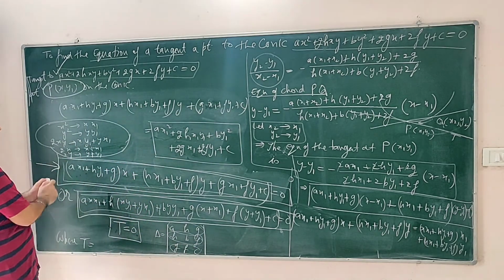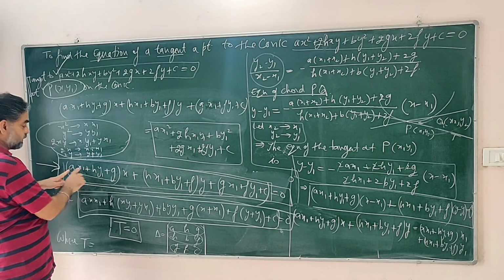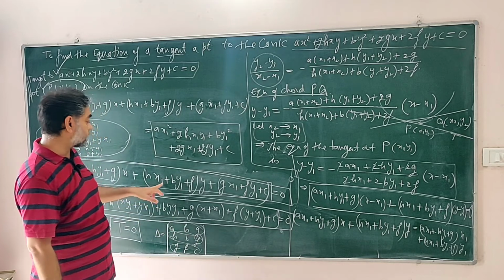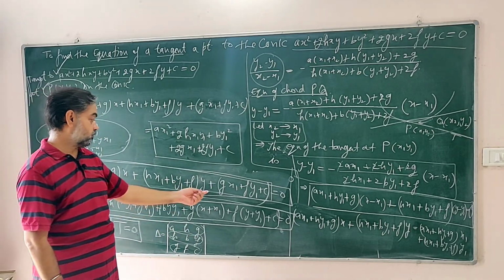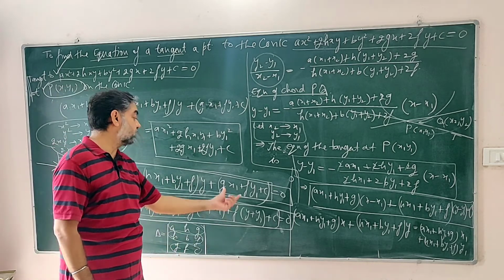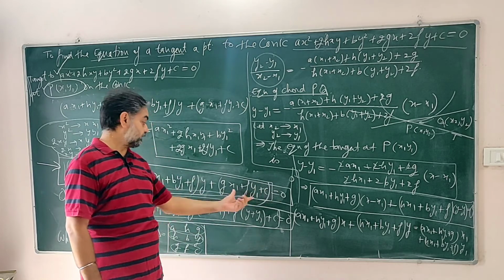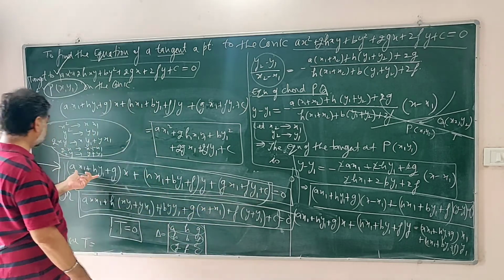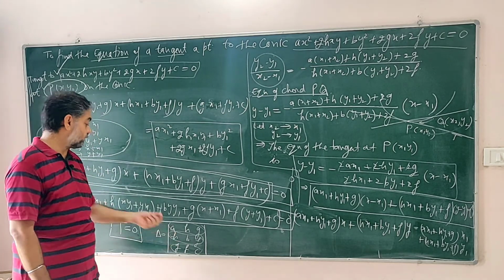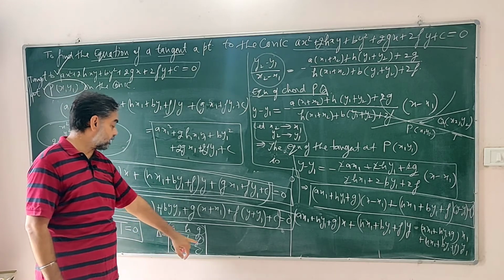So how do you write the equation of the tangent? Write (Ax1 plus Hy1 plus G) into x, from the first row A, H, G. Plus (Hx1 plus By1 plus F) into y, from the second row H, B, F. Plus (Gx1 plus Fy1 plus C), from the third row G, F, C, equal to 0.